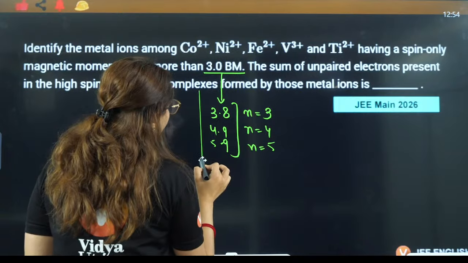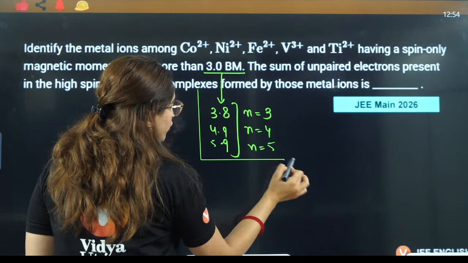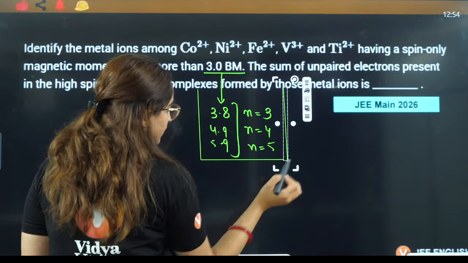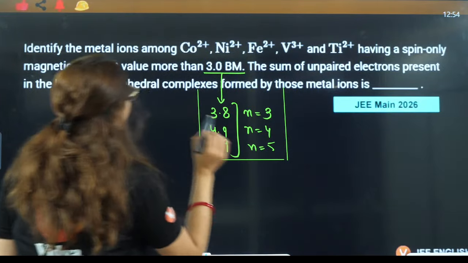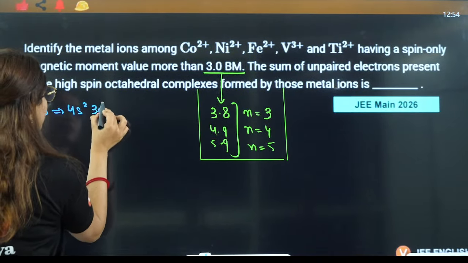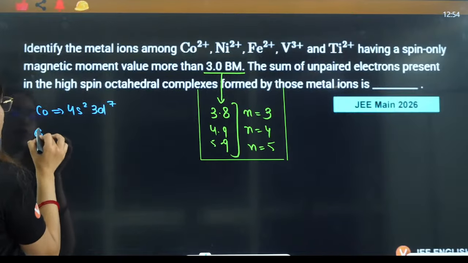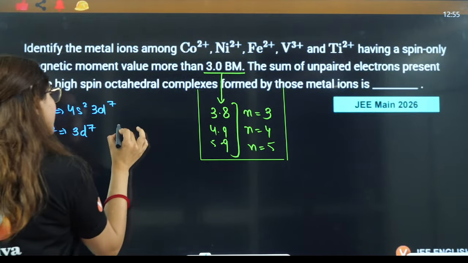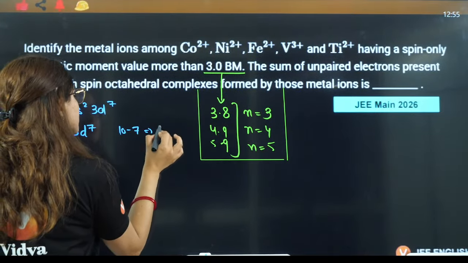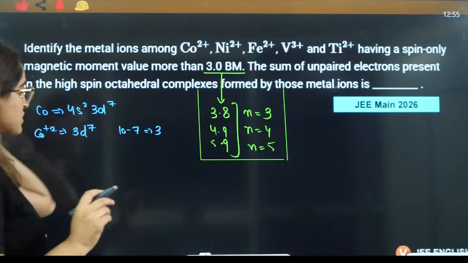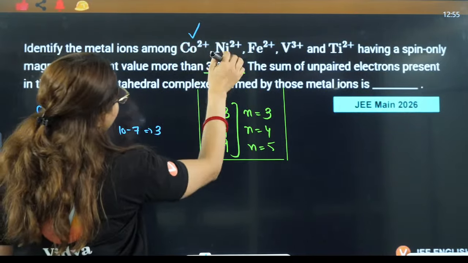So we want the number of unpaired electrons to be more than that. If I talk about cobalt, cobalt is 4s2 3d7. So cobalt 2 positive is nothing but 3d7. So unpaired electrons is 10 minus 7, that is 3. That means the magnetic moment will be 3.8, which is correct. This lies in that category.